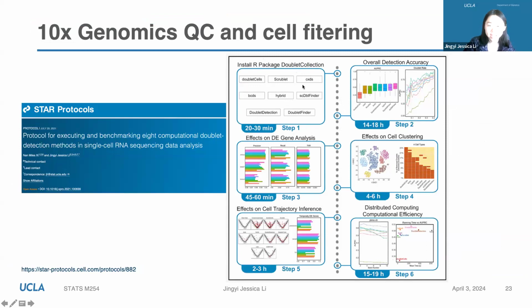One thing to note is that in this version, because it was published later than the original Cell Systems paper for benchmarking, we added this newer method called scDblFinder. We found that its performance is similar to DoubletFinder, but it's very fast. So that's why we think it's a good method to use, scDblFinder.